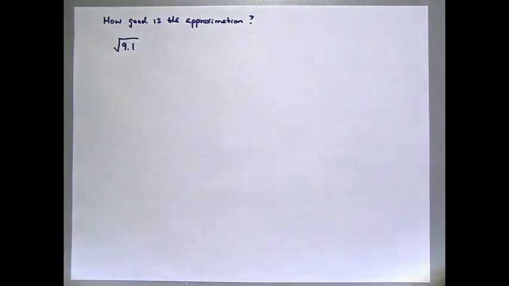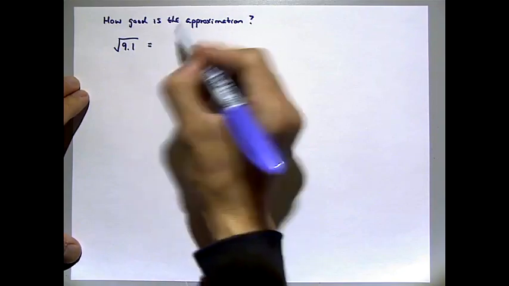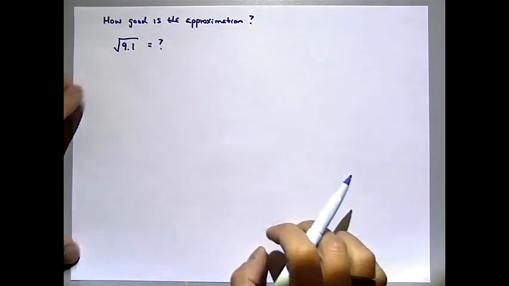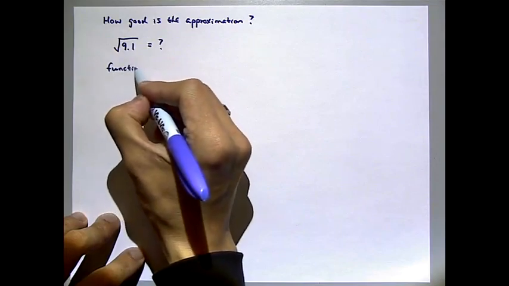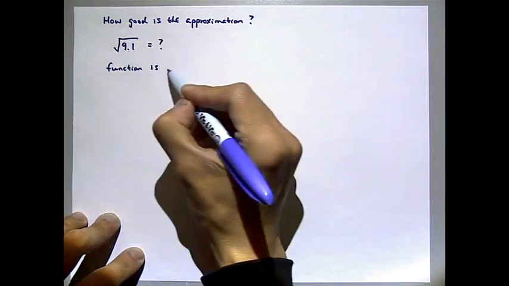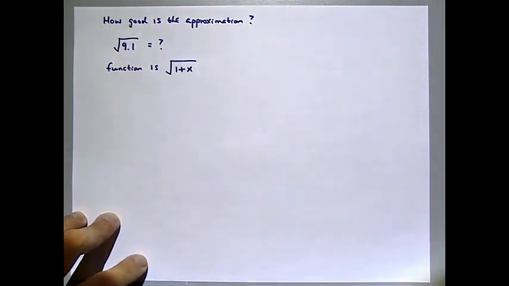Okay, so let's use the technique here to find out what radical 9.1 is. The function we're basing all of this on is radical 1 plus x.